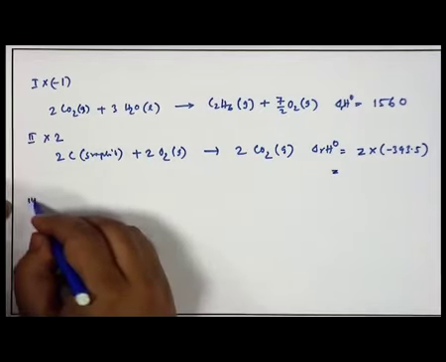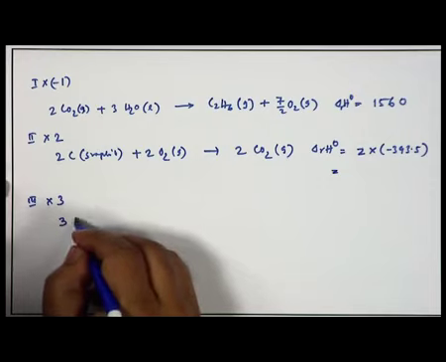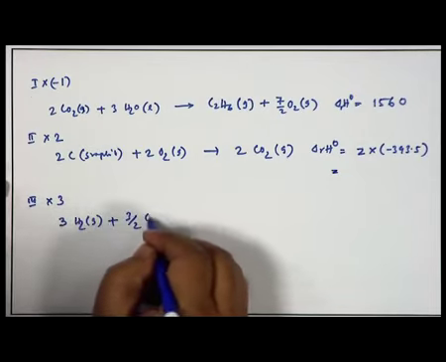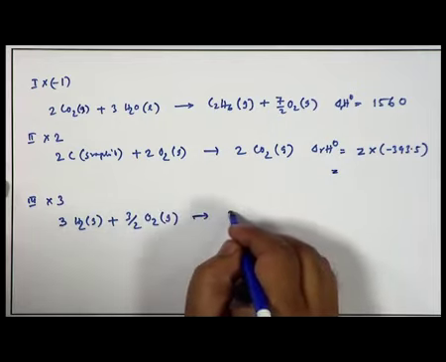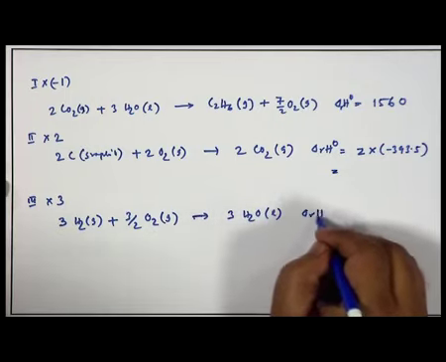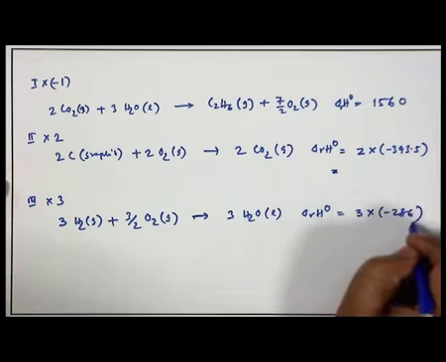And the third reaction we had, we can multiply by number 3: H2 gas plus 1/2 oxygen gas giving H2O liquid. We have to multiply by 3 here, so 3 into minus 286.